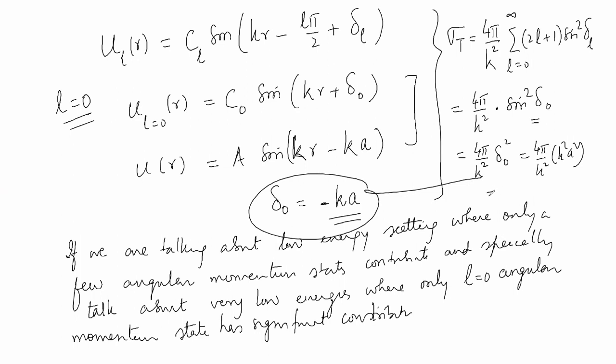Just I am using this expression here. This will become equal to 4 pi a square. Therefore, the important point is, if we consider the hard sphere scattering, then the scattering cross section would turn out to be 4 pi a square.